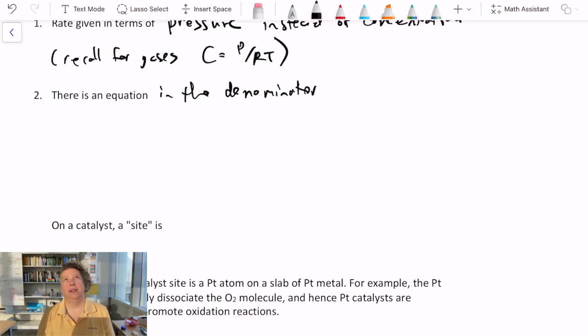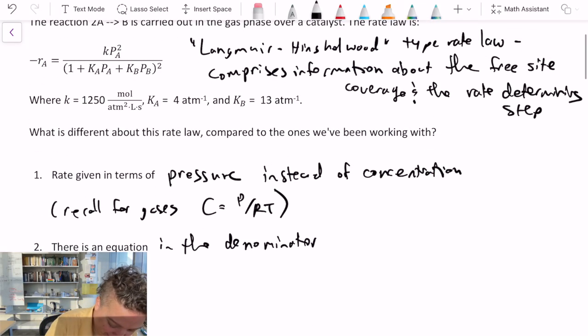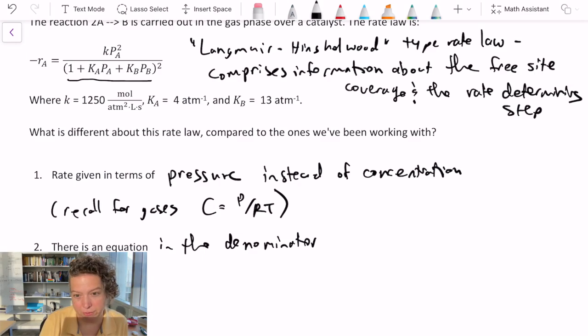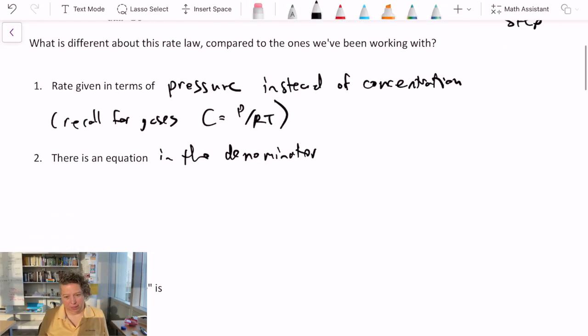And not only is there an equation, but this equation is not a simple power law function. We've got a sum of things. We've got some things that involve constants that we're used to, capital K's, equilibrium constants, P's are pressures, but we've also got this value of 1 here. What is that doing here? So this is different than the power law rate laws that we've been looking at.